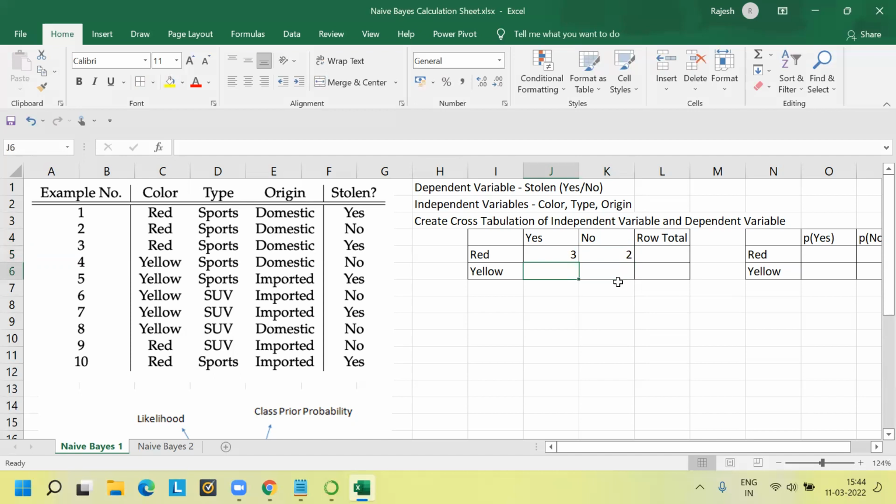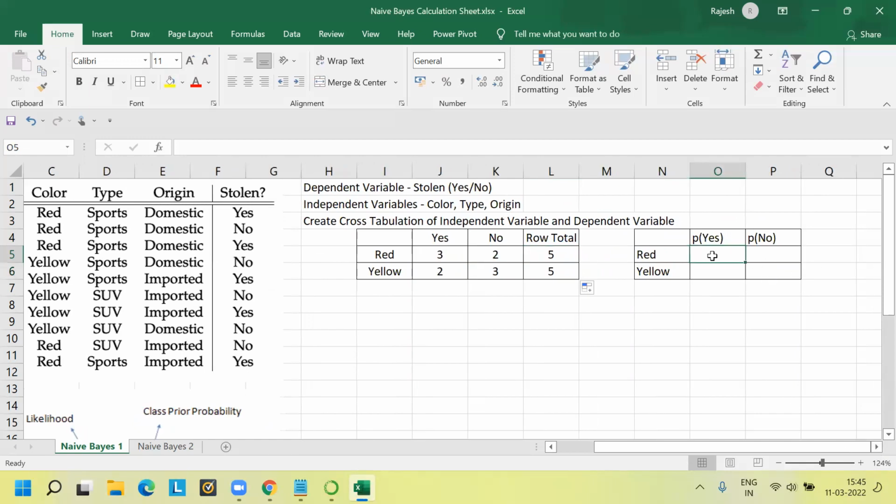How many yellows are stolen? 1, 2. 2 yellows are stolen. And how many yellows are not stolen? 3. Right? So you have to count how many reds and yellows are stolen and not stolen. So what is the row total? Row total is 5.